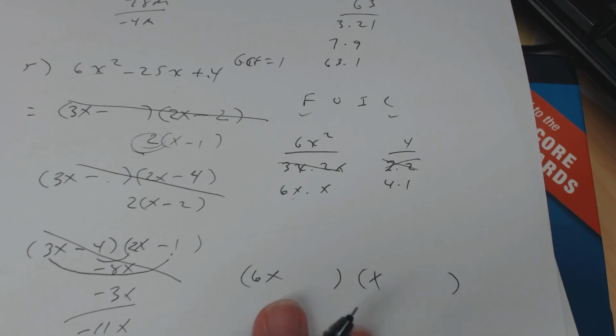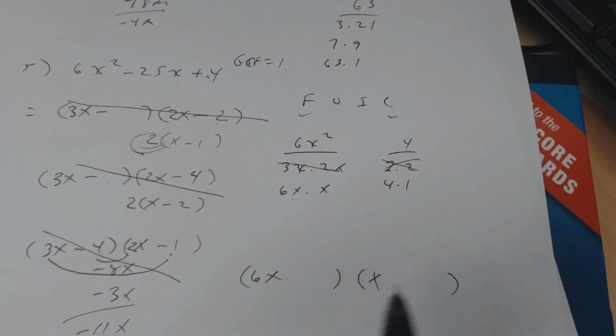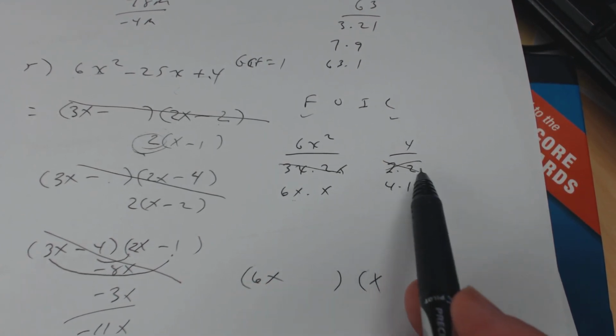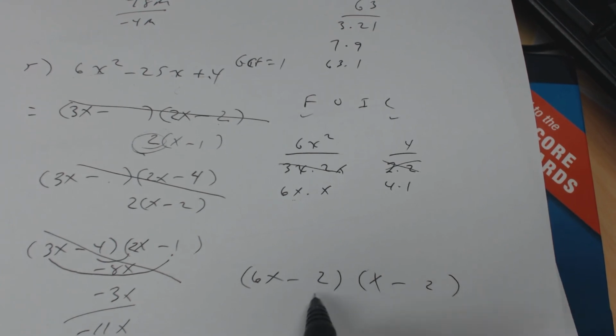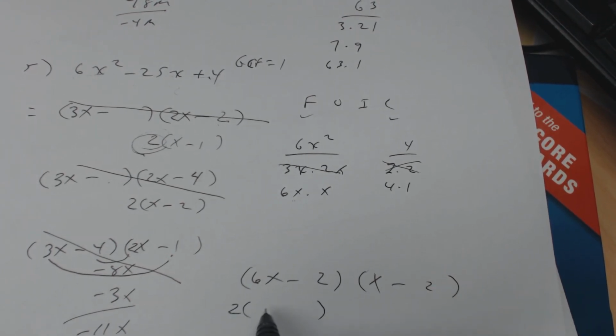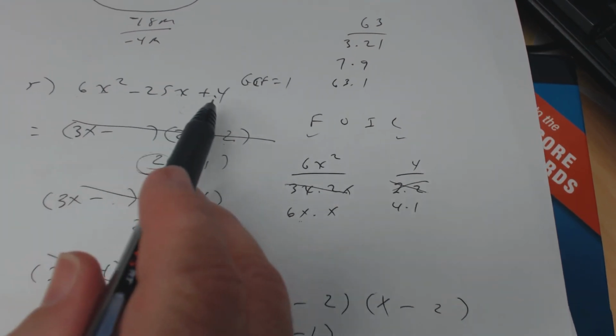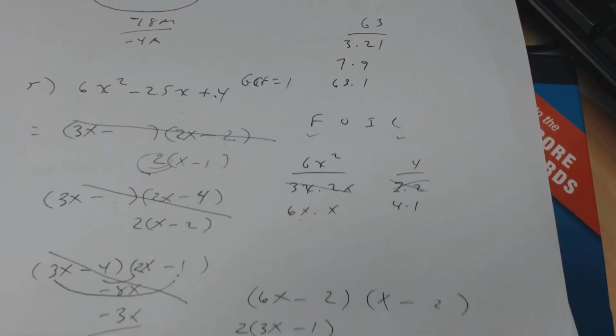Now, you see how I use 6x and x? For the same reason, I'm not going to use 2 and 2, because if I put a 2 here and a 2 here, and don't forget it's both negative, then that means I can factor out a 2, which means you could have factored out a 2 from the beginning. You can't because the GCF is 1.